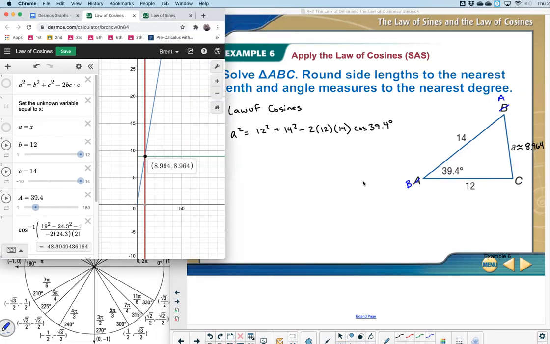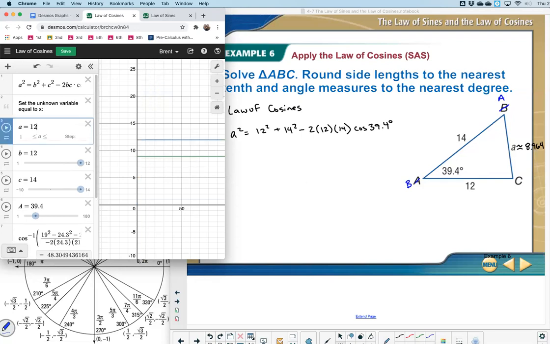Little a is now 12. Little b is going to be that 8.964 that we just got. I didn't want to round this, it's called the intermediate solution. I wanted to wait to make sure the other ones are better going off of it. And c is 14 still.